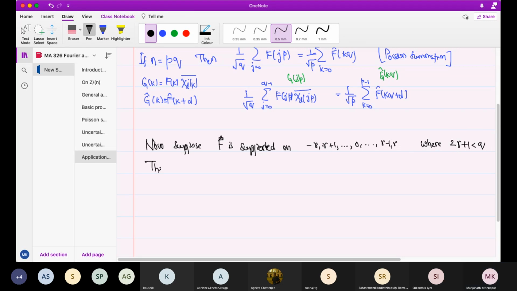Then if you look at this one, only one term appears there, right?